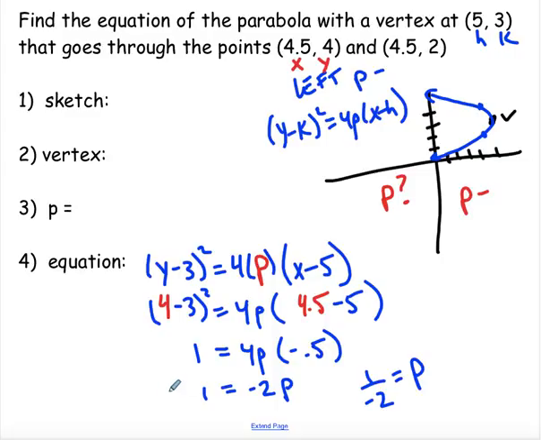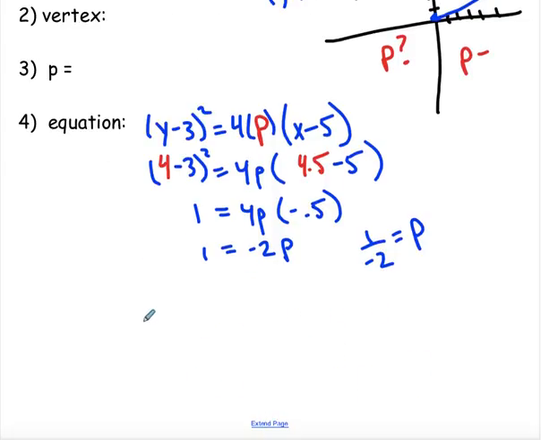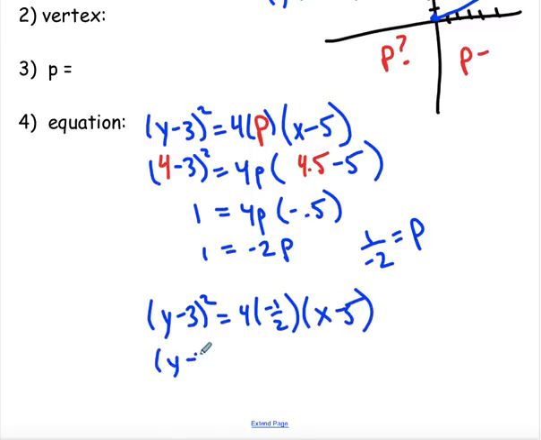All right, so now we can write our equation. So we're going to do 4 times -1/2, because that's what p was. So our final equation will be this.